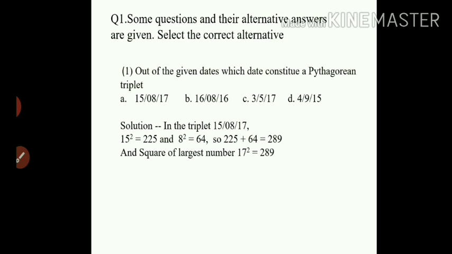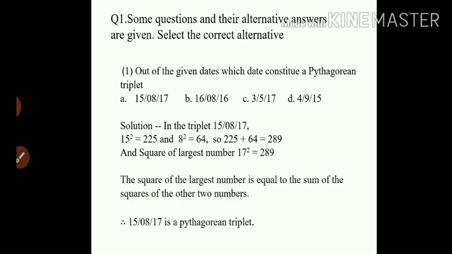When you add 225 and 64, the total is 289, and the largest number here is 17. The square of the largest number, 17 square, is 289. You can see both are equal. That means the square of the largest number is equal to the sum of squares of the other two numbers. That means option A, 15th August 17, is a Pythagorean triplet.